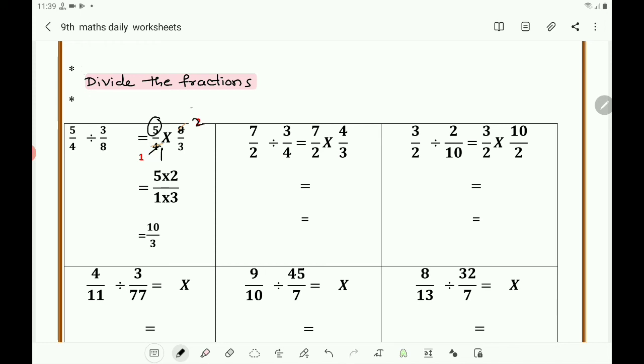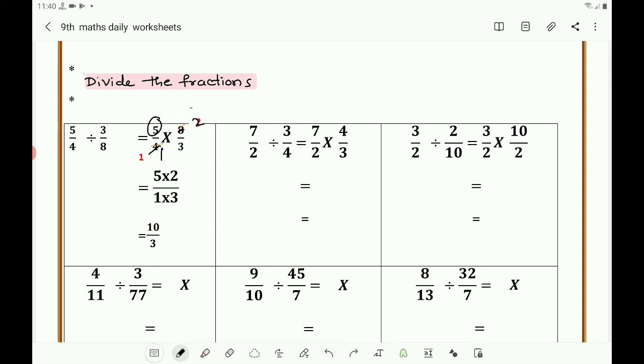Then you write 5 into 2 in the numerator and 1 into 3 in the denominator. Then the product of 5 and 2 is 10 and 1 into 3 is 3. So you got the answer 10 by 3. That is the method of dividing the fraction.